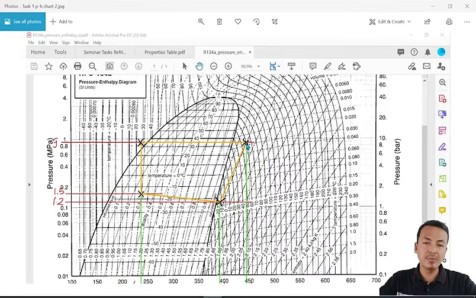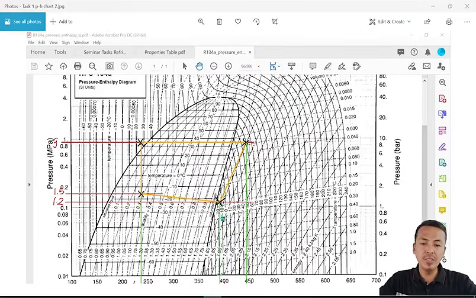And then after the compression, you know the discharge pressure and also the temperature of the refrigerant gas. And also after the condensation, the subcooled liquid condition, and then you also have the condition after the expansion. So then you get all the enthalpy values using the log pH chart like this one.